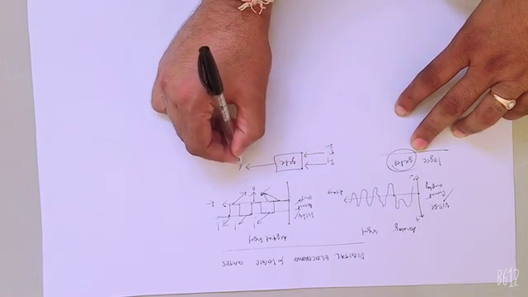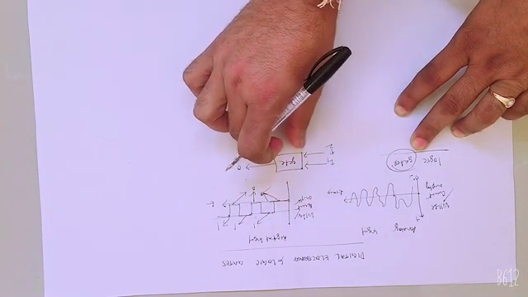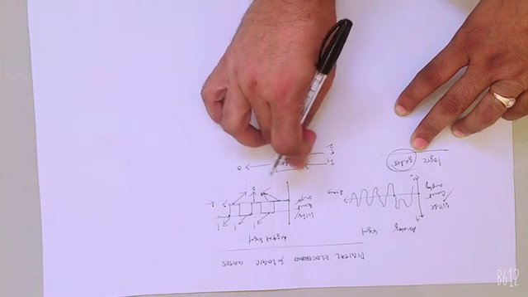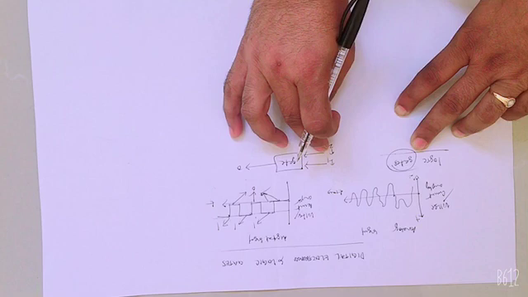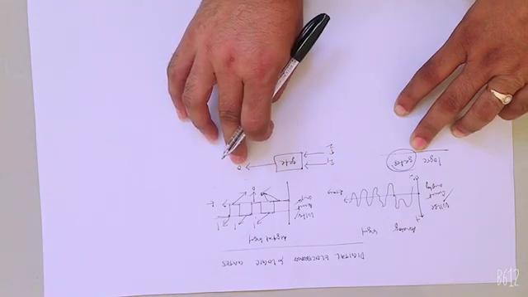Then it will produce some output. There is some logical relationship between the two inputs and the output. This is called a logic gate.